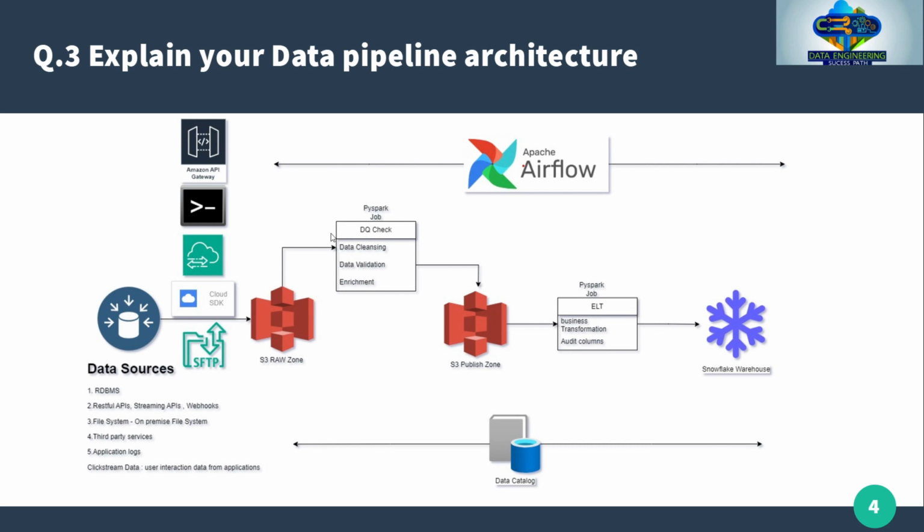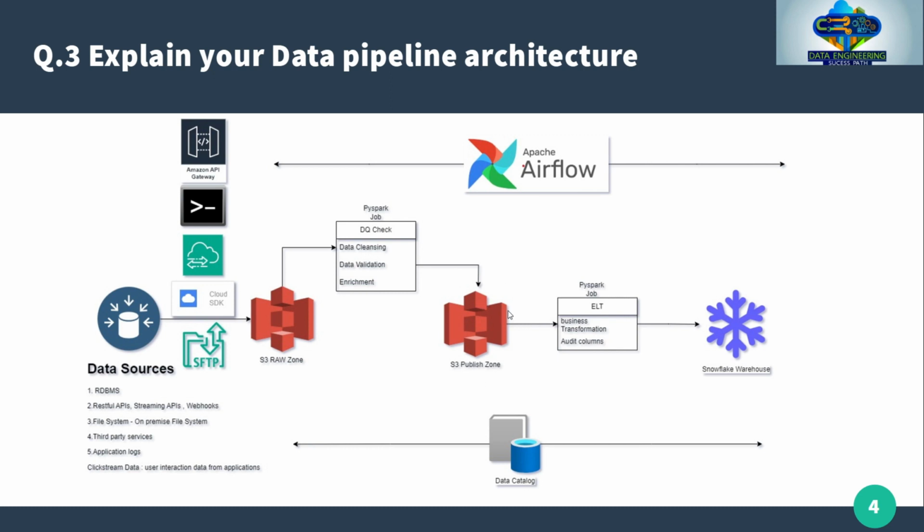So all the information of each and every data set entering into data lake will be cataloged into a central repository, and basically we will make an API call to the central repository and fetch all the metadata information regarding that particular data set, and based on that response the data quality check will be performed. So once it cleans the data through PySpark job, the data lands to the S3 publish layer.